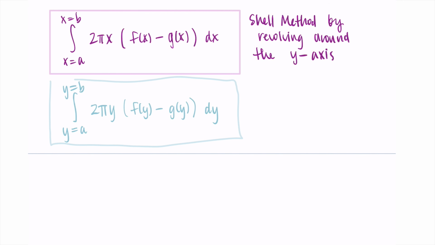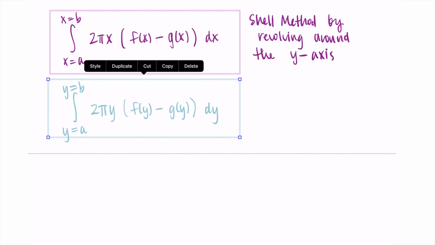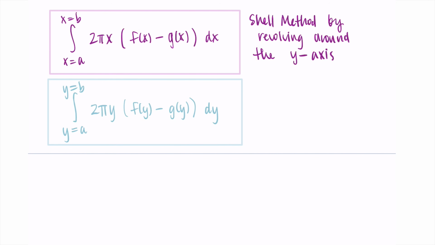You just swap the variables. So instead of x, you have y. And there we go. This would be the shell method for revolving around the x-axis. And again, if you have to revolve around the x-axis, but you'd really rather use dy as your variable, you'd rather integrate with respect to y, this is the method you should use.